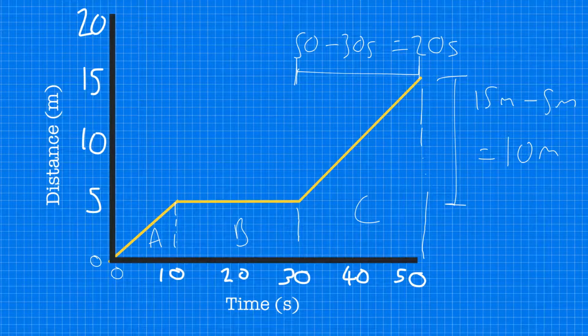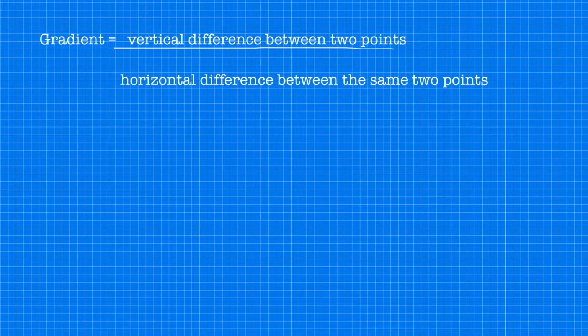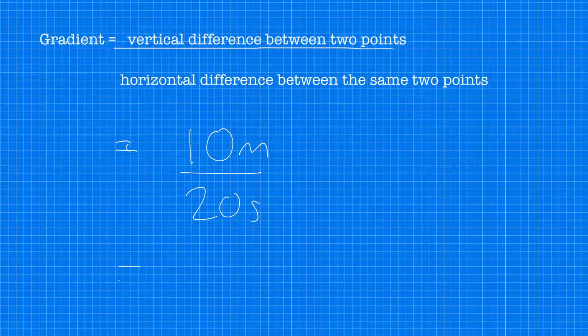So we can use that to calculate the speed through section C. Our gradient is equal to the vertical difference between the 2 points, 10 meters, divided by the horizontal difference, 20 seconds. So we end up with a speed of 0.5 meters per second.